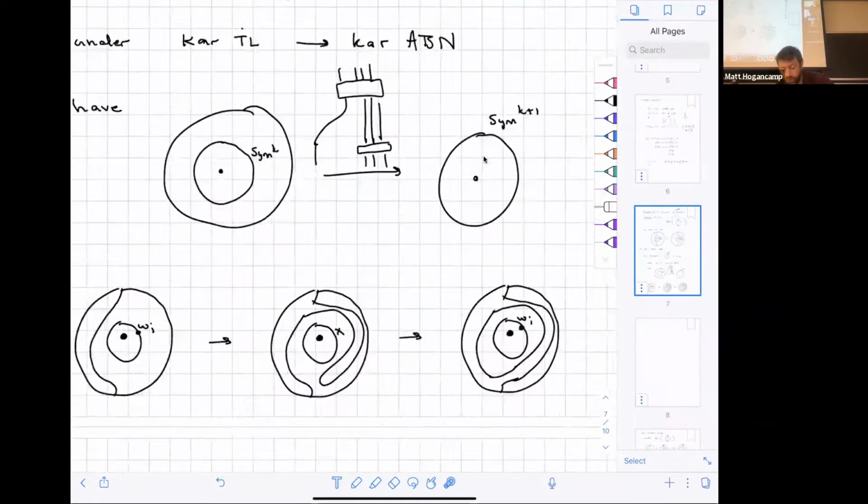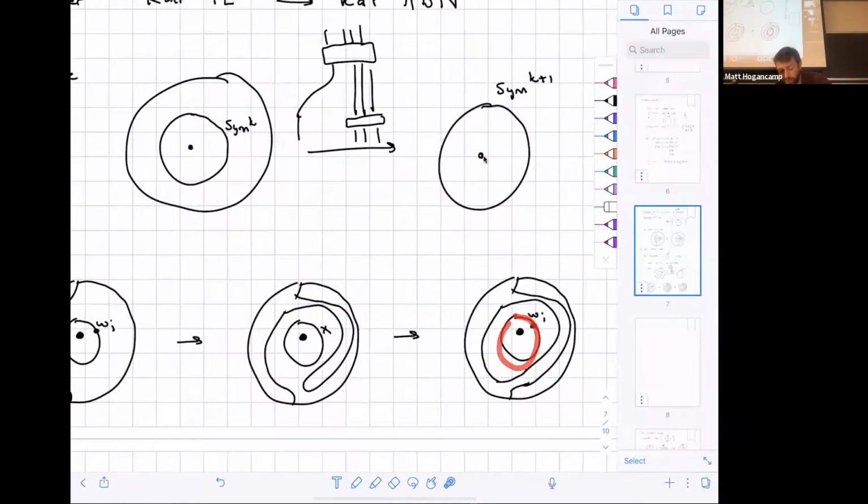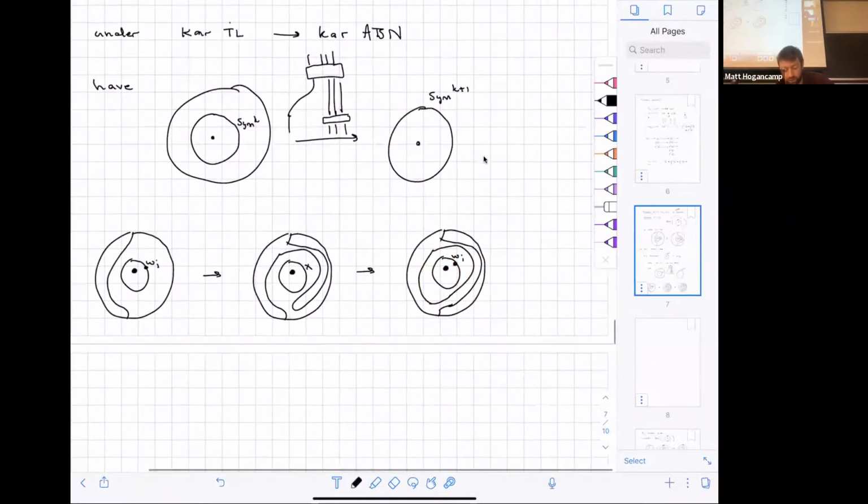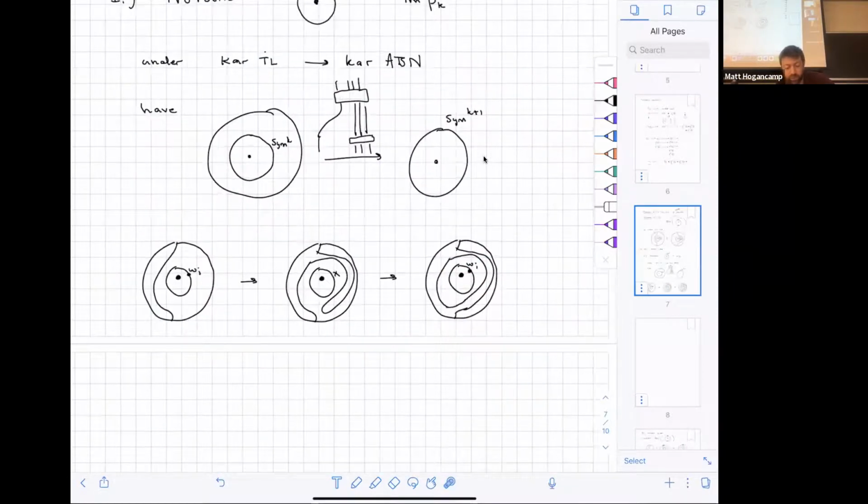Then here, if you zoom in, you see a Kirby color with a little concentric circle around it. You can map that to the Kirby color omega I plus 1 by assembling all of these together. So all of these maps assemble, I didn't say this, I'm sorry.